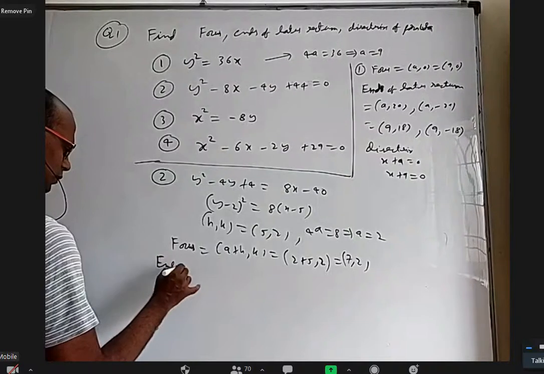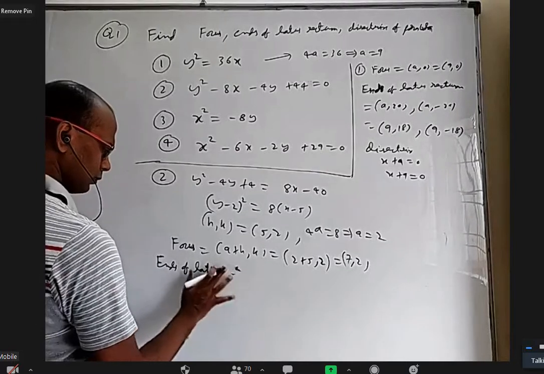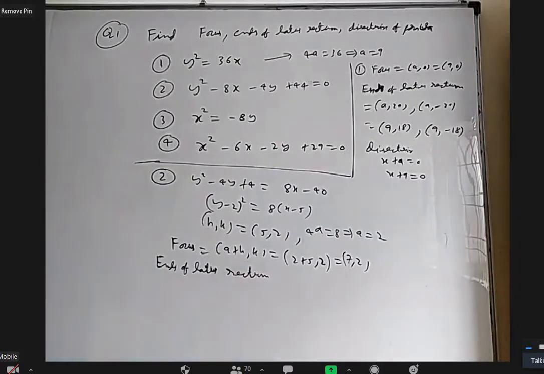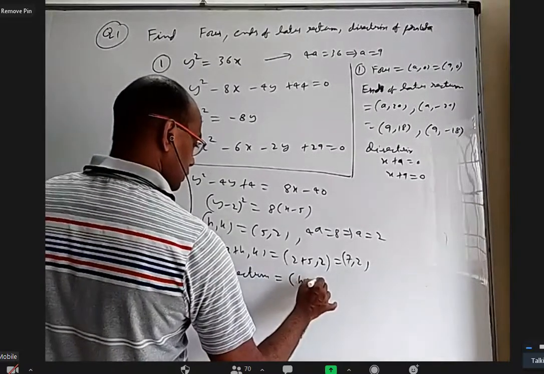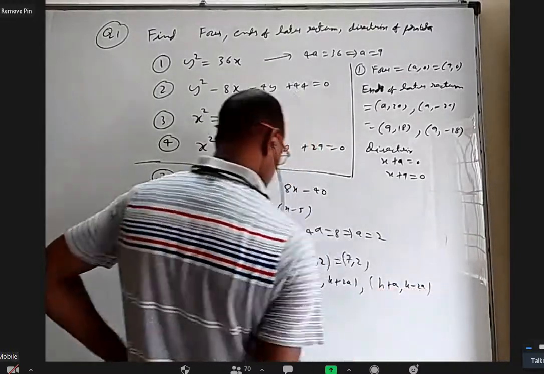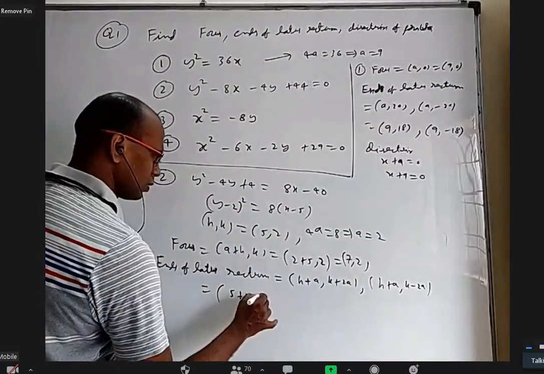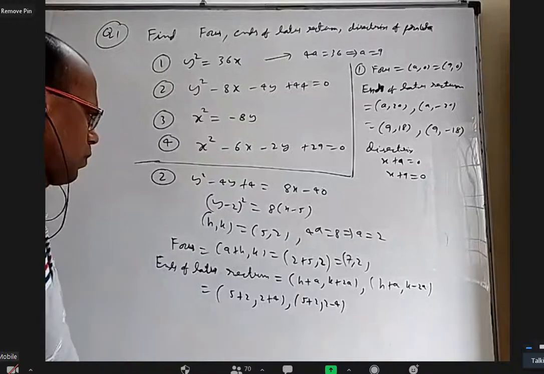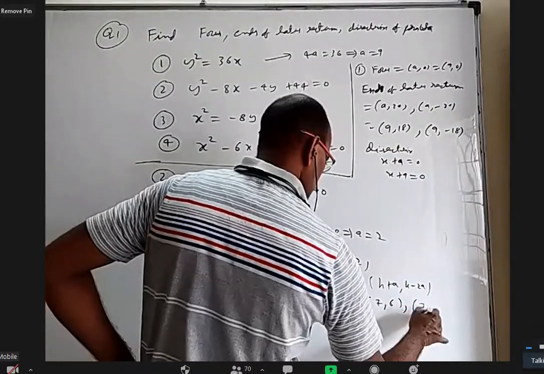Ends of latus rectum: h plus a comma k plus 2a, h plus a comma k minus 2a. 4 plus 2 comma 2 plus 4, 4 plus 2 comma 2 minus 4. 6 comma 6, 6 comma minus 2.